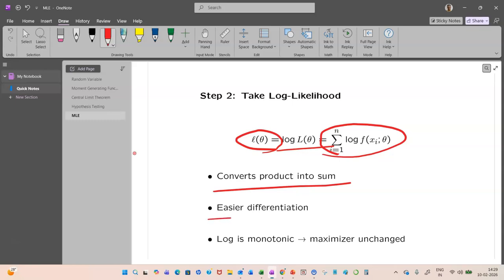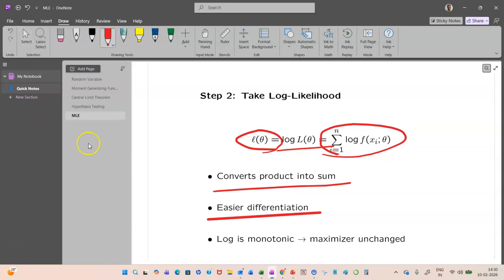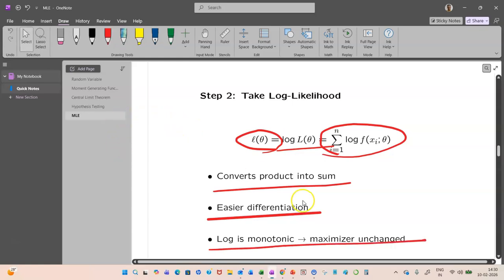It's easier mathematically, easier to do the differentiations. Since log is a monotonic, increasing function, the value of theta that maximizes capital L(theta) also maximizes the log likelihood. So log is monotone, the maximizer remains unchanged.